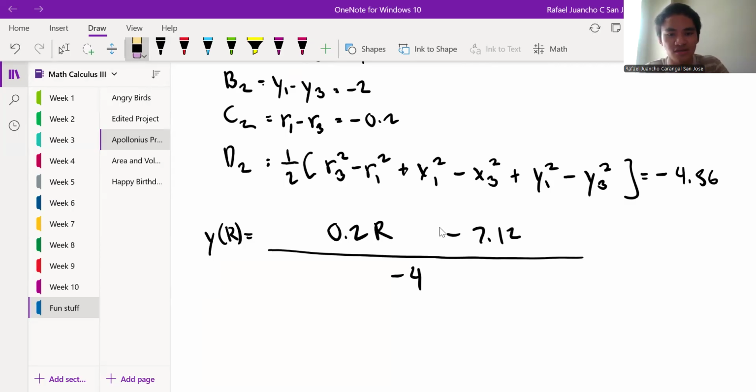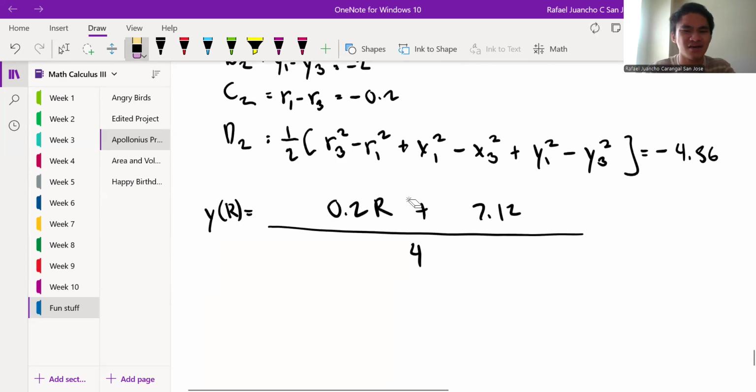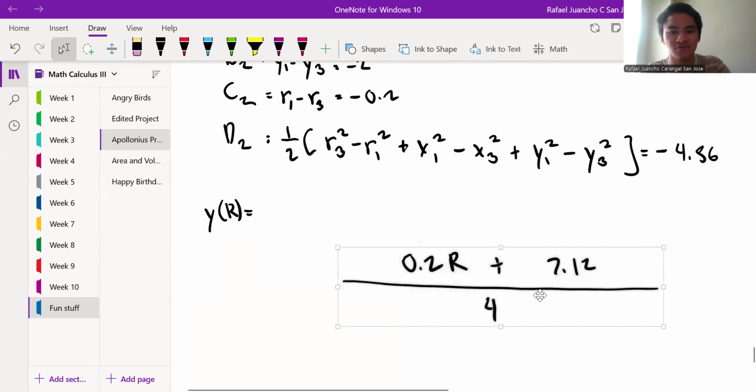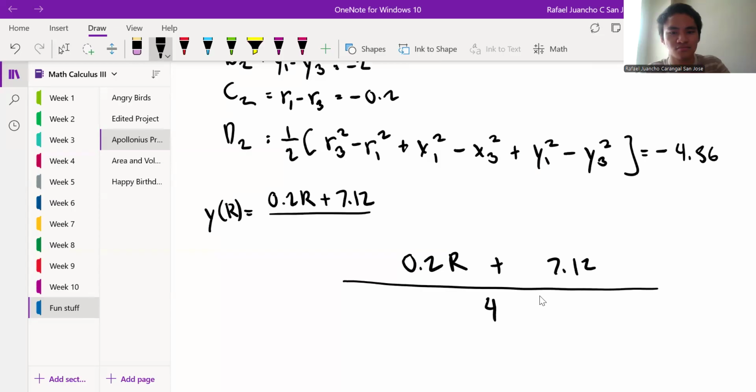I could take out the negatives. That way this just turns into pluses. And there we have it, right? 0.2 R plus 7.12 divided by 4.